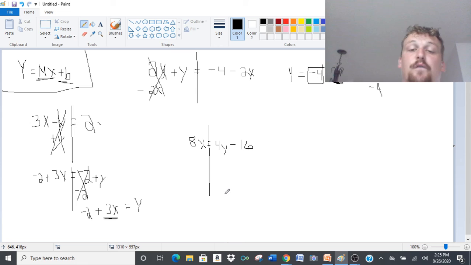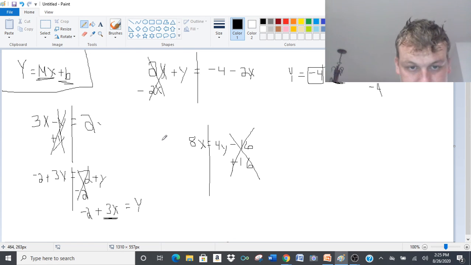So how do we get the 4y by itself? Well, now we move the 16 over. And so the opposite of negative 16 is plus 16. That cancels. So we have 16 + 8x.